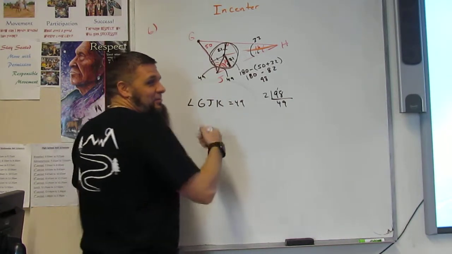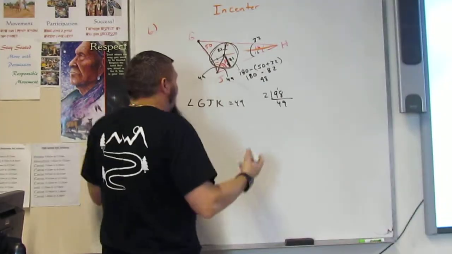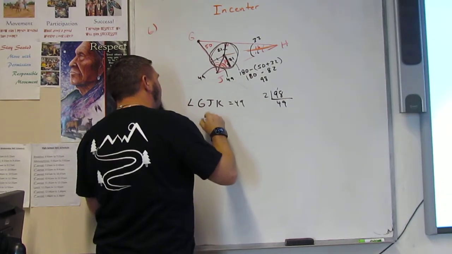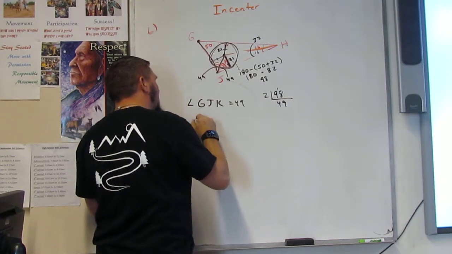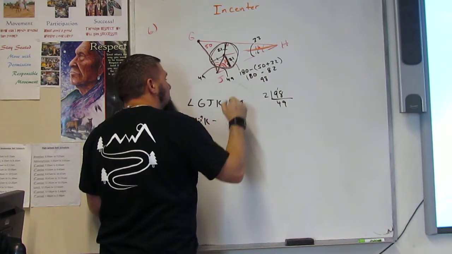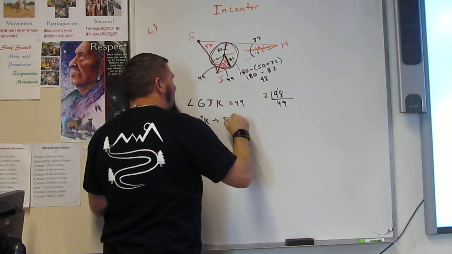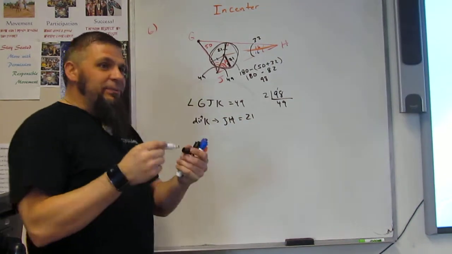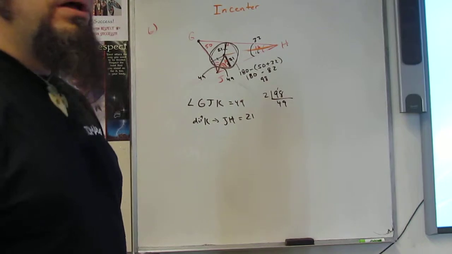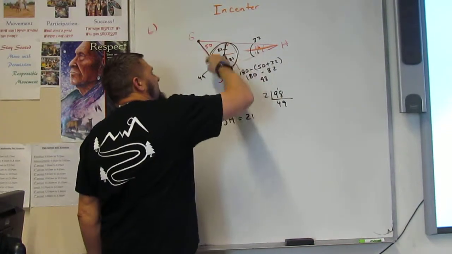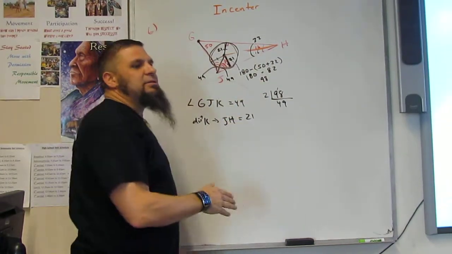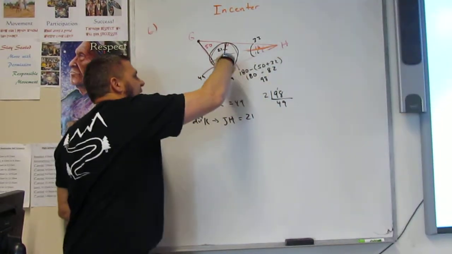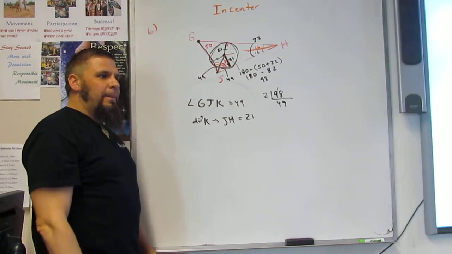We got this 21. So the distance from K to JH is equal to 21. But you have to know that from the fact that this is an incenter. And it's an incenter because it's cutting these bisectors in half.